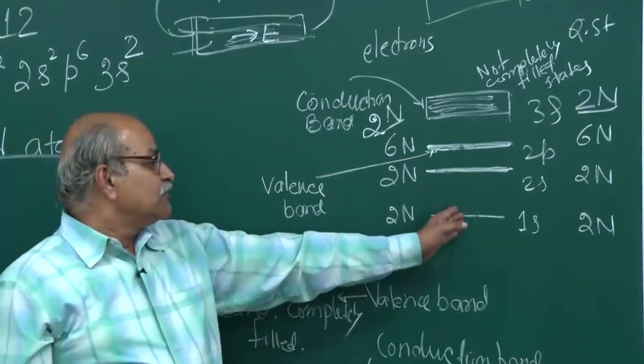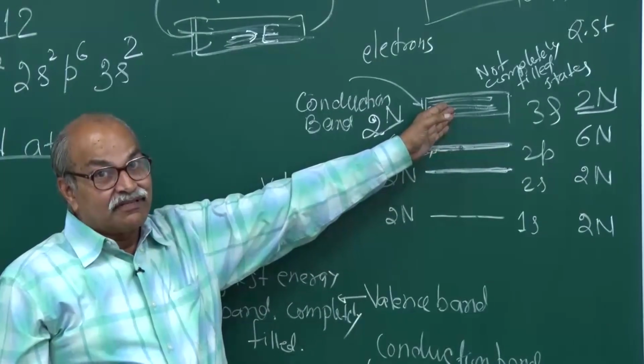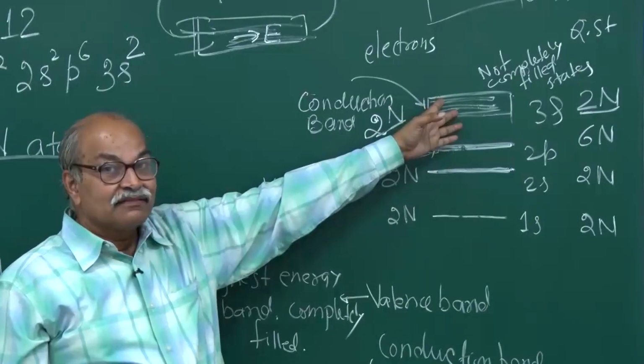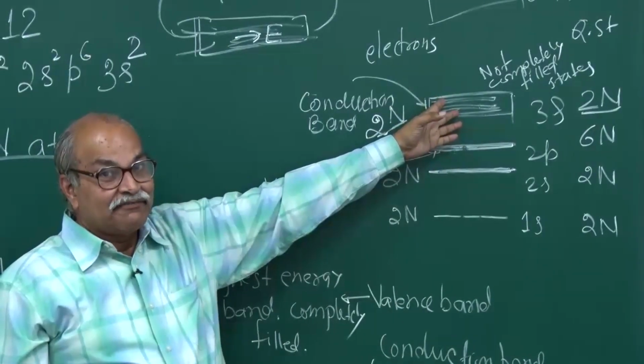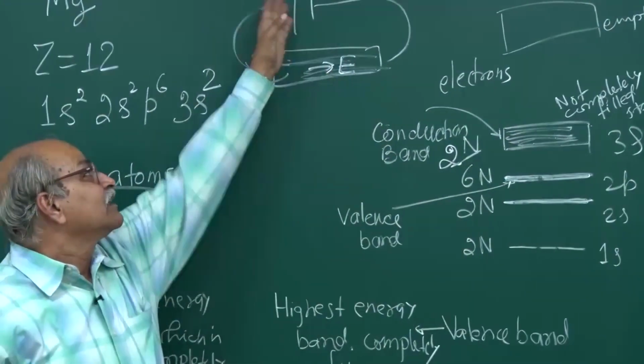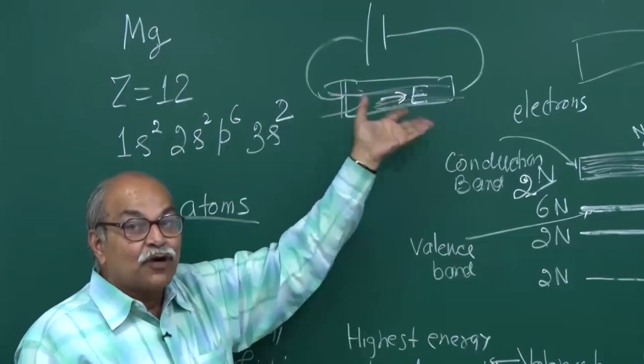So this is completely filled, this is completely filled, this is also completely filled. Now if this is also completely filled, what do you expect? If I take a magnesium ribbon and connect the ends to a battery to pass a current, what will happen?